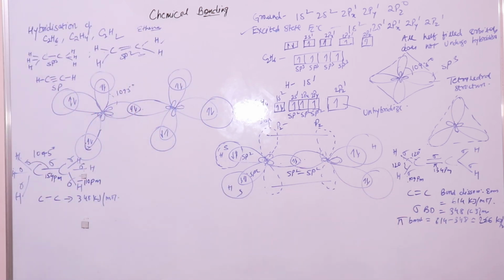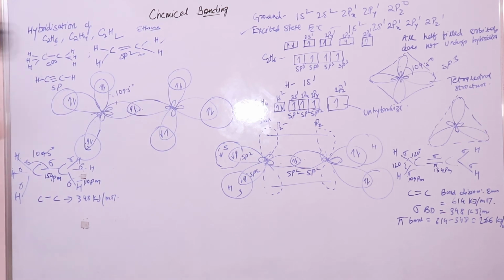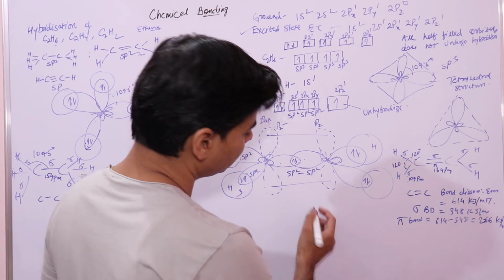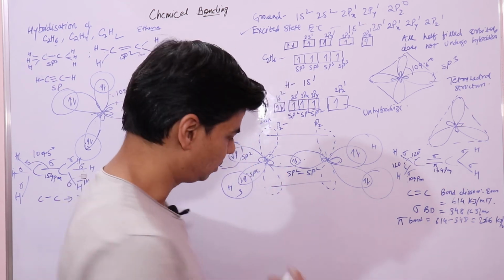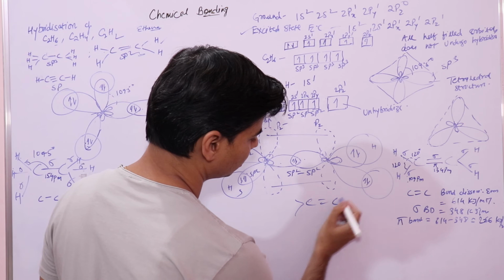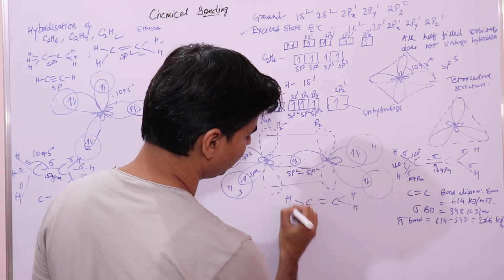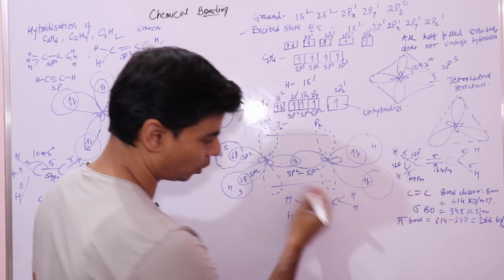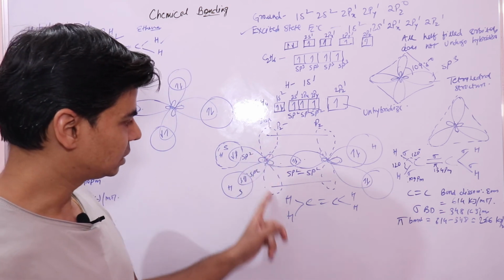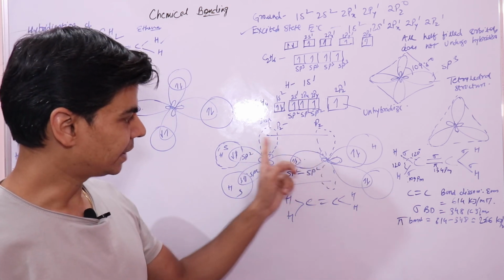Now there is one more thing that you need to understand in this molecule: there is restricted rotation around this double bond. This molecule cannot be rotated around this double bond. Why? Because this is sidewise overlapping.